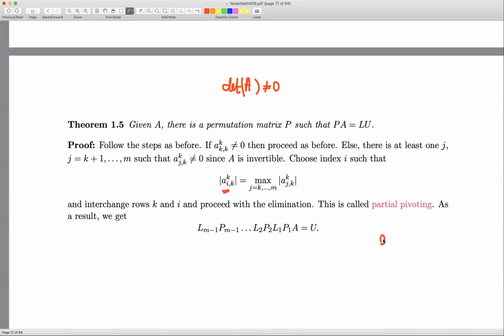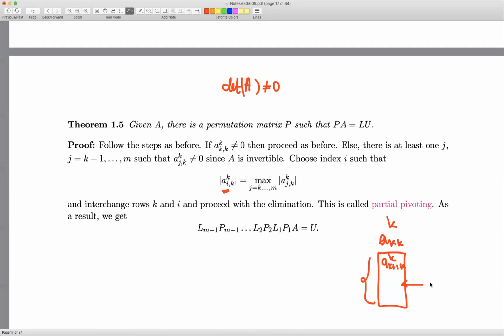So this will be the row i. Remember, here was A_kk, and then below it, in this part, was A_(k+1),k, and so on. These were all the elements in this part of the kth column.